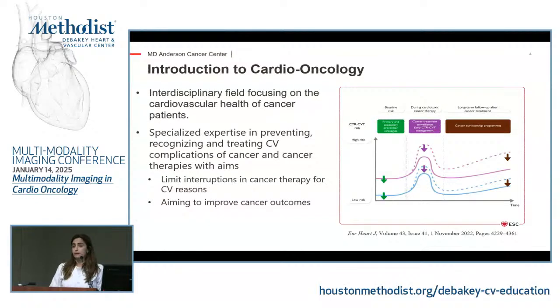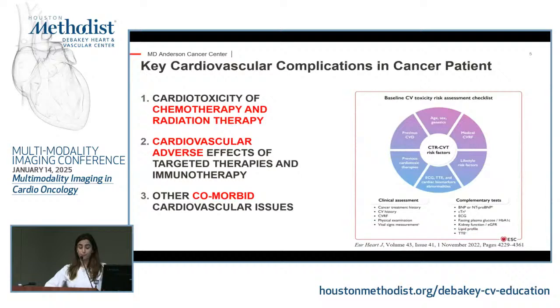A 40-year-old female with breast cancer is very different than a 70-year-old male with ischemic cardiomyopathy with lung cancer when we see them in the clinic. Who's going to do worse? Obviously the latter. So recognizing who's low risk and high risk is going to guide a lot of how we follow these patients and what we do for them.